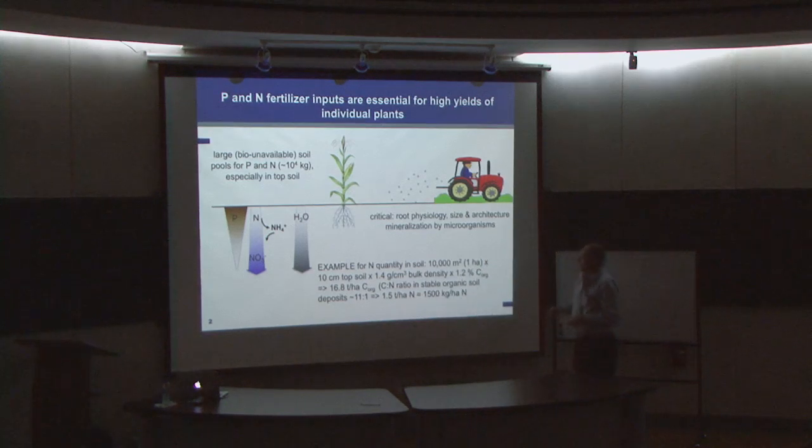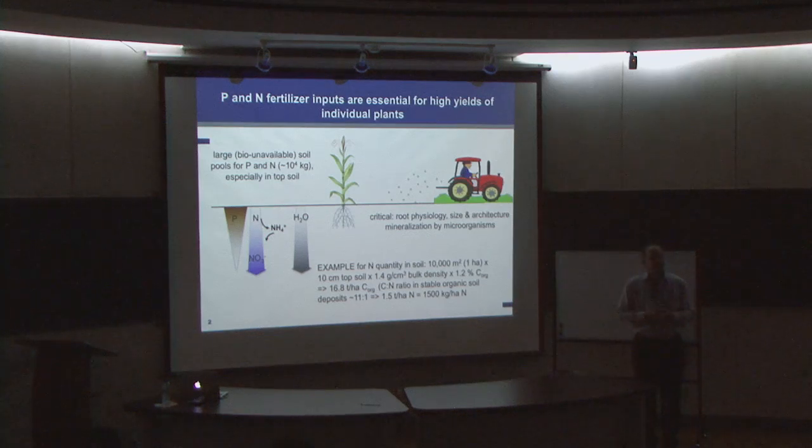So in the end you end up with 1,500 kilograms per hectare nitrogen, which is quite a lot, and when we say an annual plant maybe takes up 150 kilos of nitrogen, then this should be sufficient for 15 harvests.